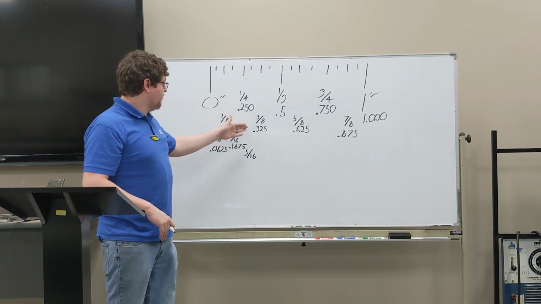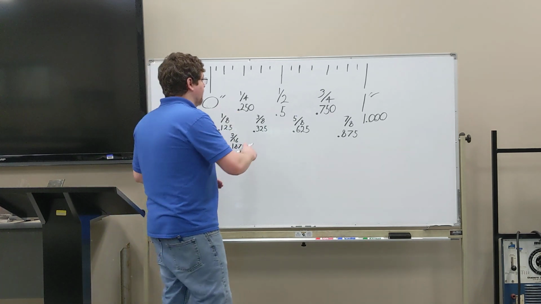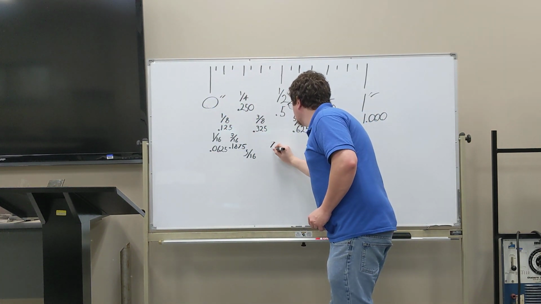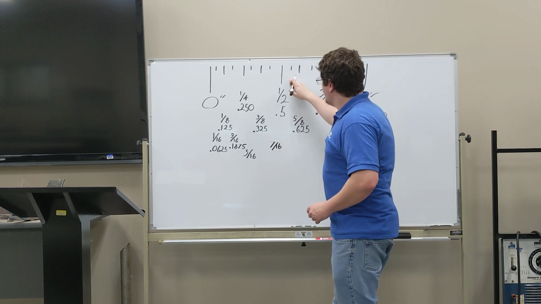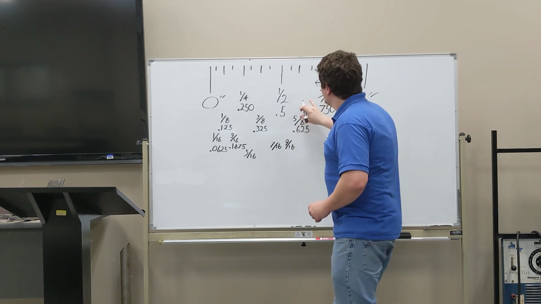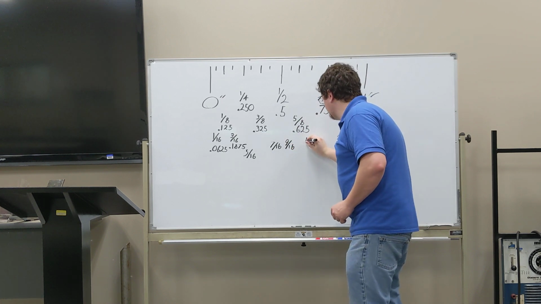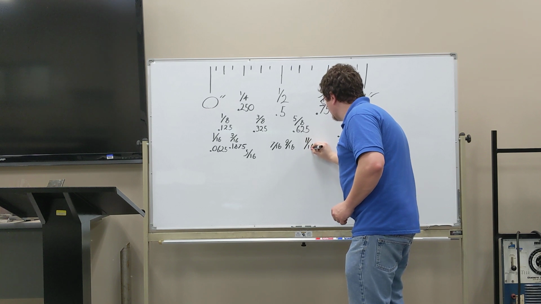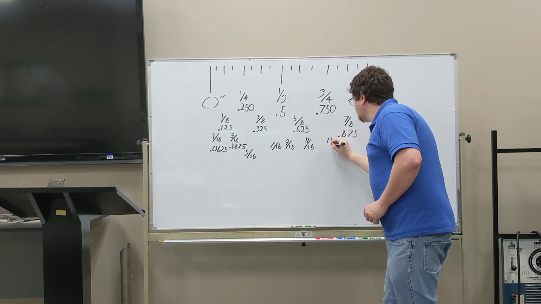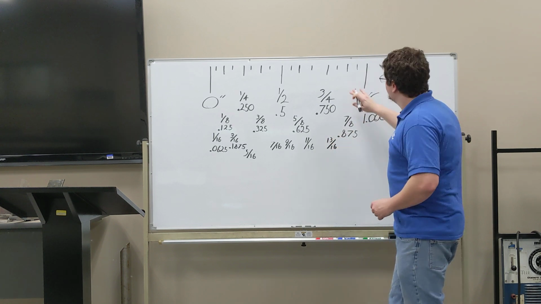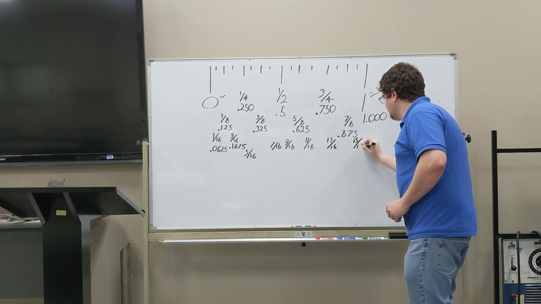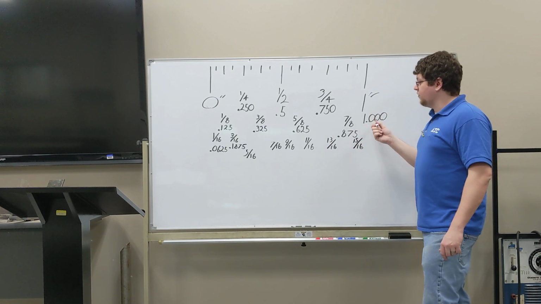For 5/16, just do 1/4 and add 1/16. Go to 3/8. Next one, 7/16. Half, go to our next, 9/16. 5/8, 11/16. 3/4, go to our next, 13/16. 7/8, go to our next one, 15/16. And we add another 16th to it, we get our 1 inch.